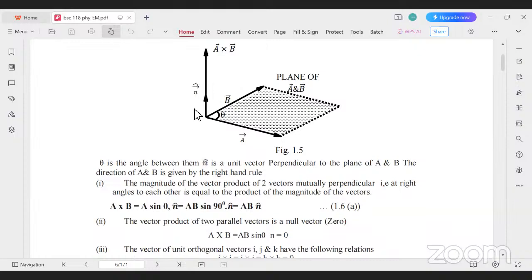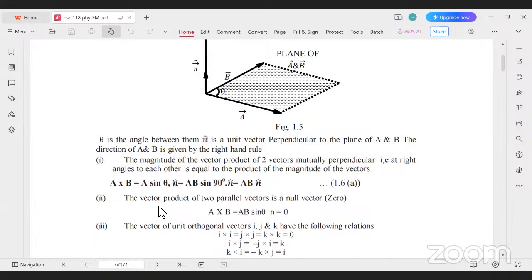Here you can see N is perpendicular to A and B. The vector product of A and B is equal to AB sine theta N tau, which is AB sine 90 degrees. We call this N perpendicular, which has the magnitude as well as the direction. So this is AB of your N perpendicular.